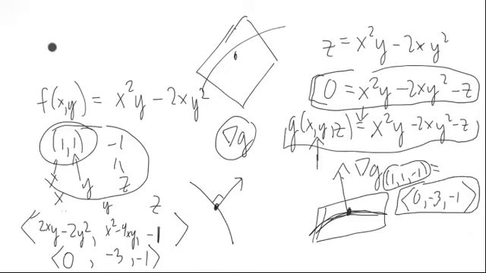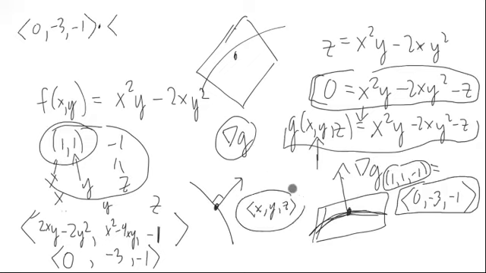So we have our orthogonal vector, 0, -3, -1, and we dot it with the difference between an arbitrary point in space, x, y, z, and that point. We want to ensure that the line from here to here is in the plane. That'll guarantee that point's on the plane. And when we dot it with this, we better get 0.